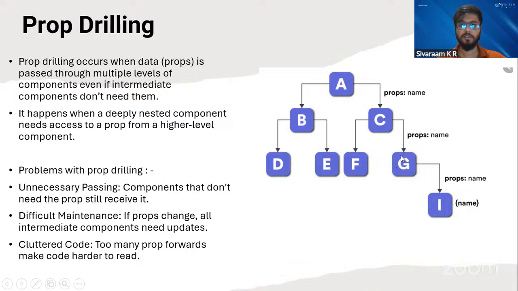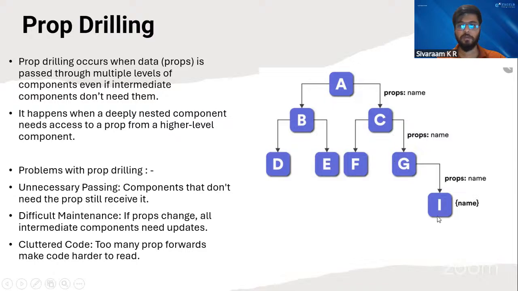The data is required only by I, but I can't directly send the data to I. That's not how props work, right? I need to pass it to the child, this child will pass it to another child, which will pass it to this child. You understood this? Here we have only 4 components.